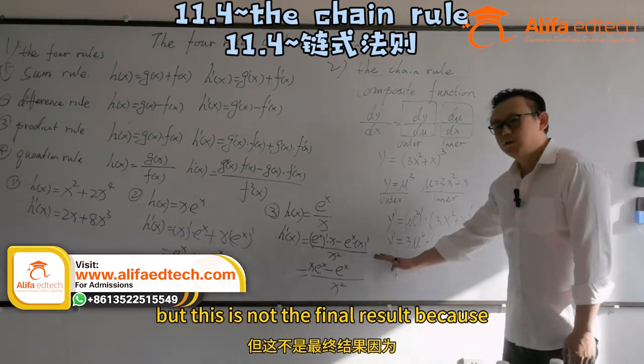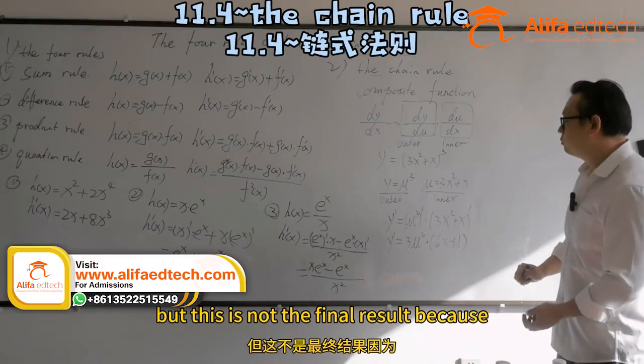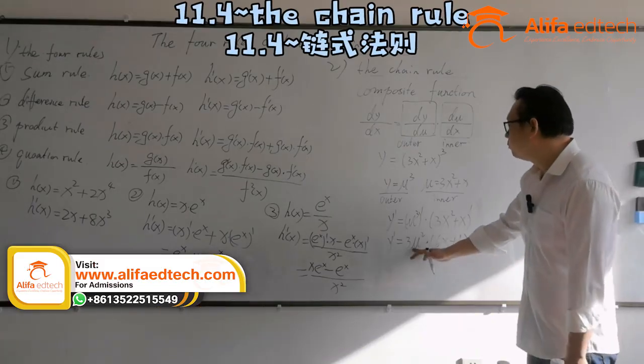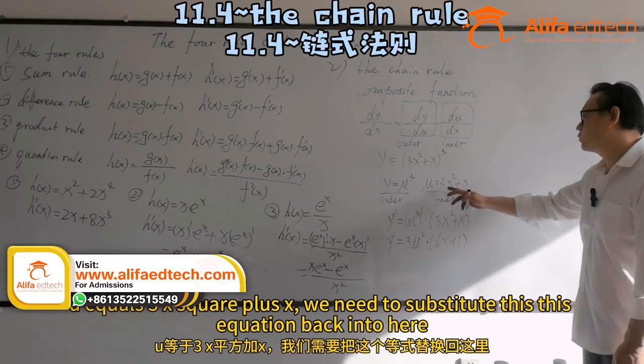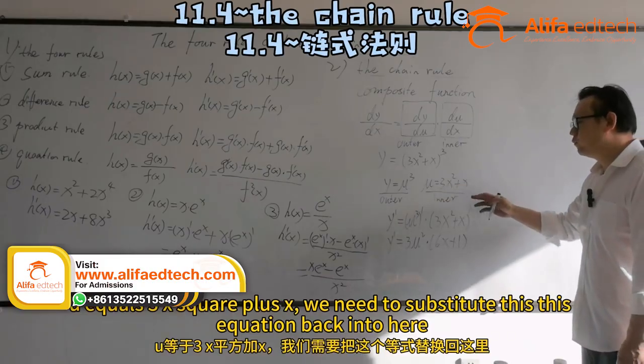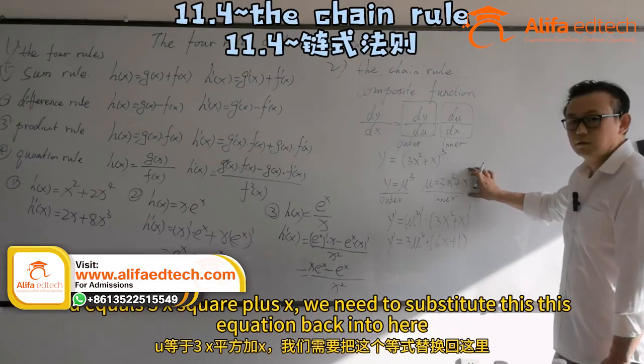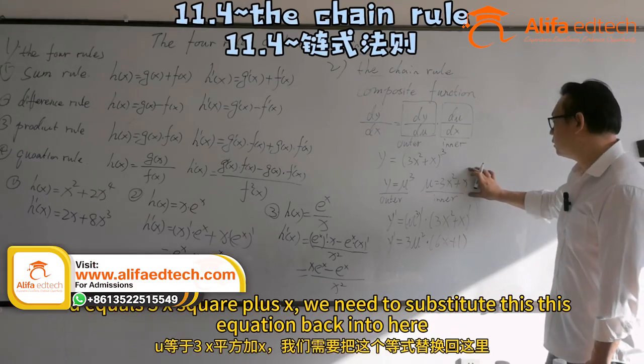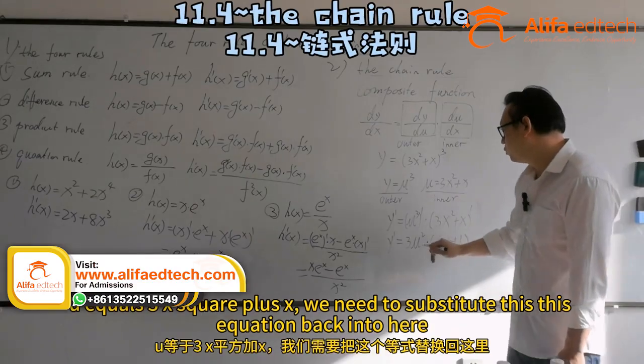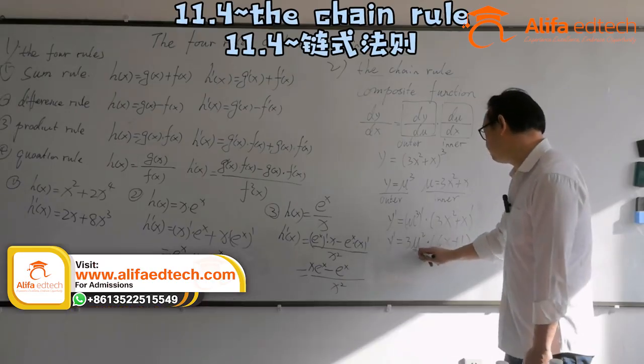But this is not the final result, because mu equals 3x squared plus x. We need to substitute this equation back into here.